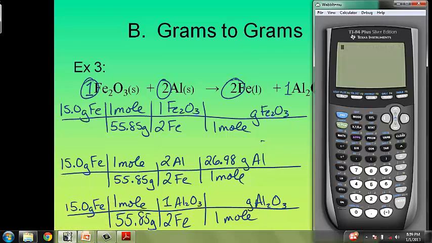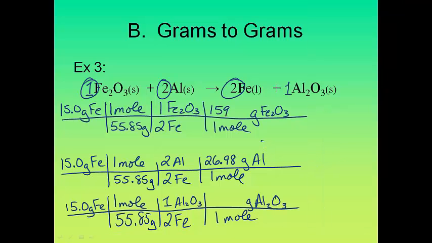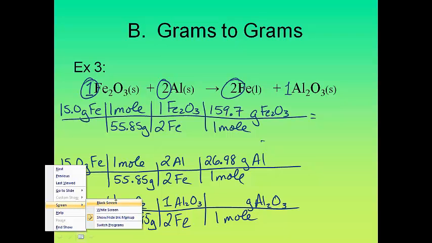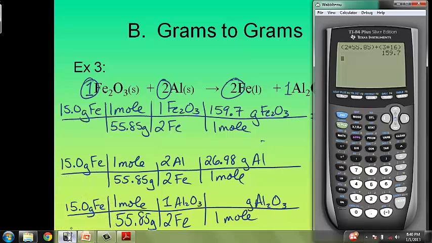Okay, so let's do the iron. 2 times 55.85 plus 3 times 16 is 159.7. Now since I've already got that number on the screen, I'm just going to perform the calculation for that whole stoichiometry right now.